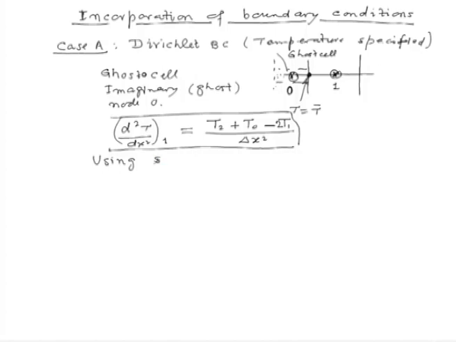So using simple averaging, T bar, the boundary value, can be expressed as an average of the temperatures T0 and T1. Okay. And now T bar was our specified boundary condition.